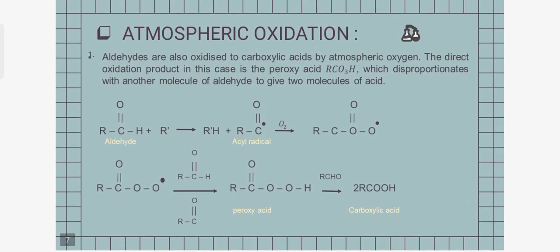The last, atmospheric oxidation. Aldehydes are also oxidized to a carboxylic acid by atmospheric oxygen. The direct oxidation product in this case gives us peroxy acid RCO3H, which disproportionates with another molecule of aldehyde to give two molecules of acid.